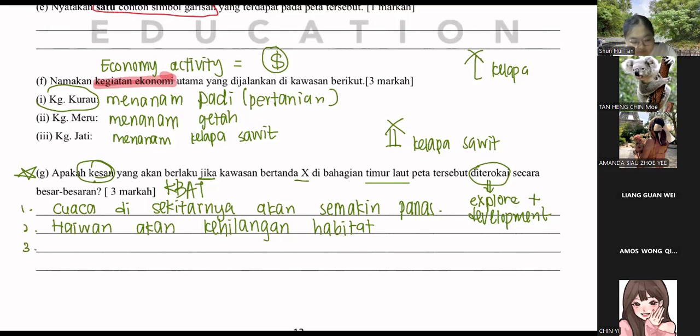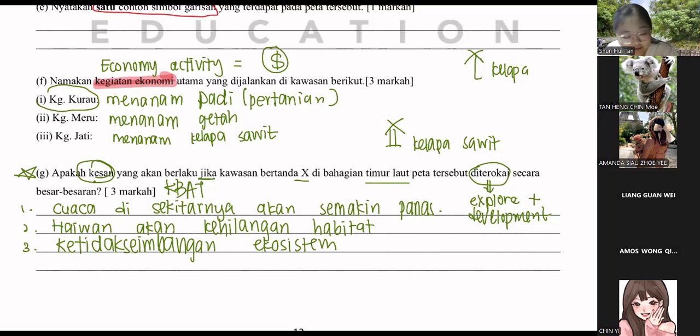Or you can say ketidakseimbangan ecosystem. Okay, not balanced.